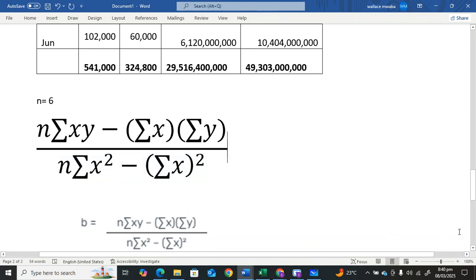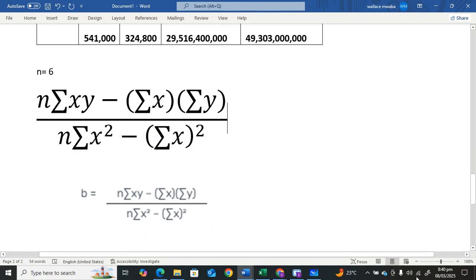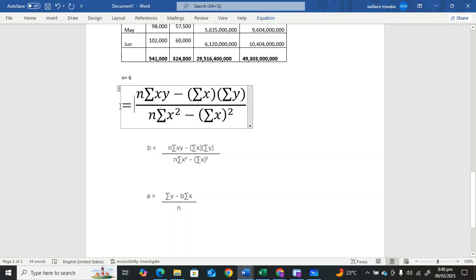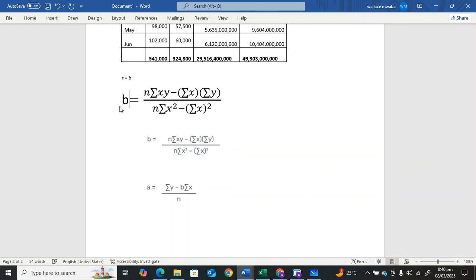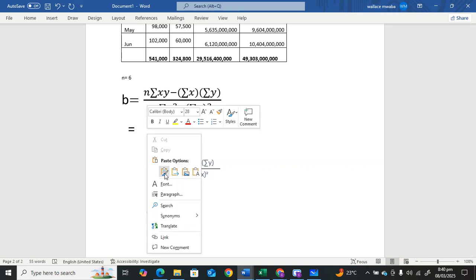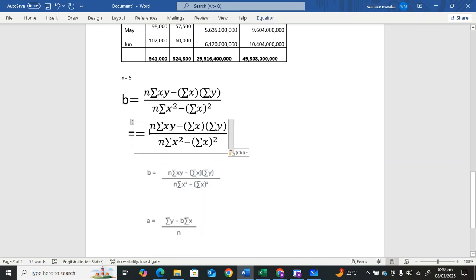All right, so it's all a matter of substitution now. I made this formula B. Okay. So n is 6.